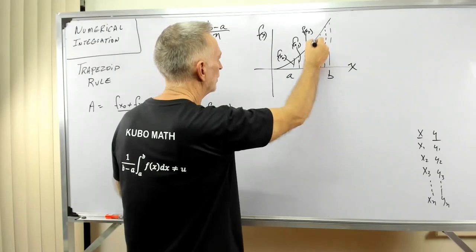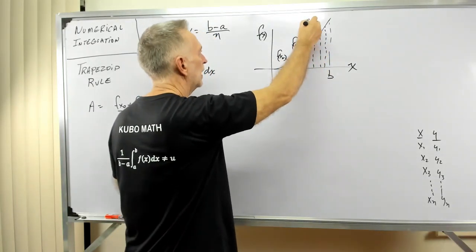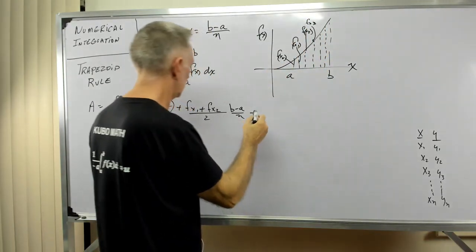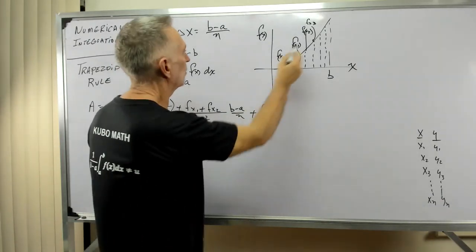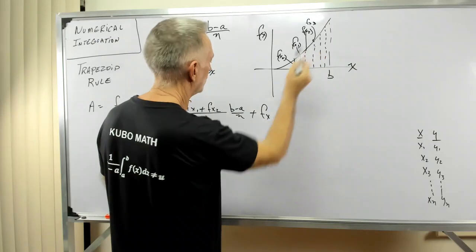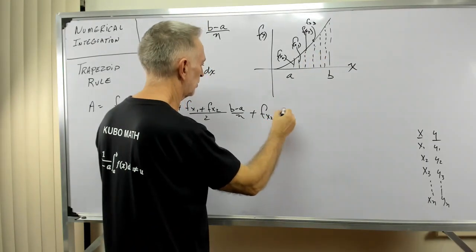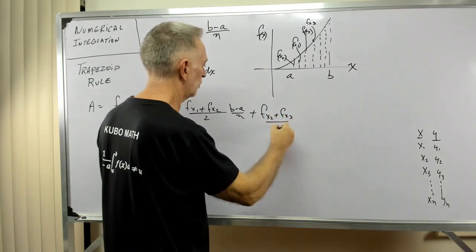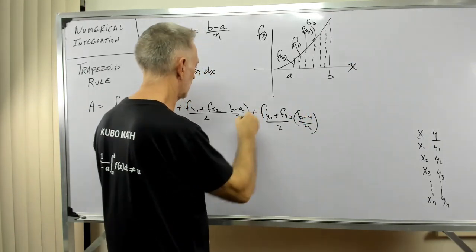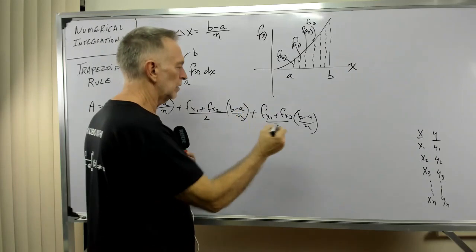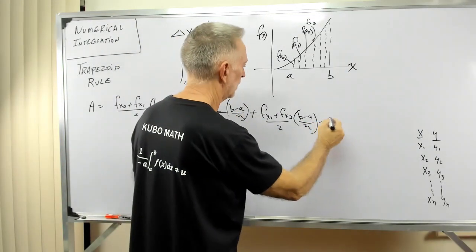Now this point right here is f of x sub 3. You can see how this is going. That's f of x sub 2 plus f of x sub 3 over 2 times b minus a over n. Well, this keeps going like that.